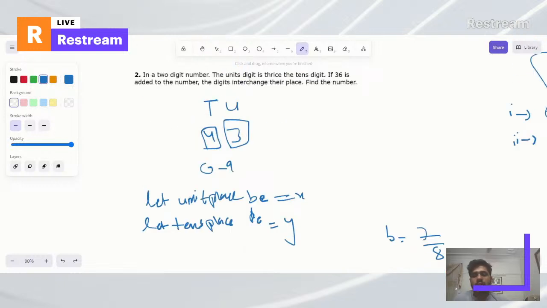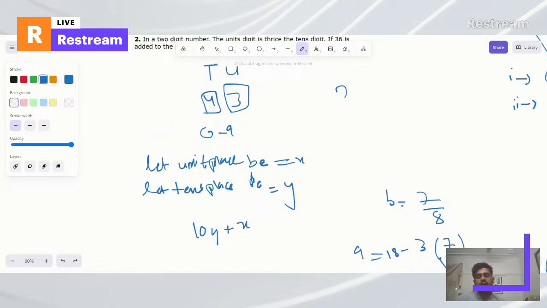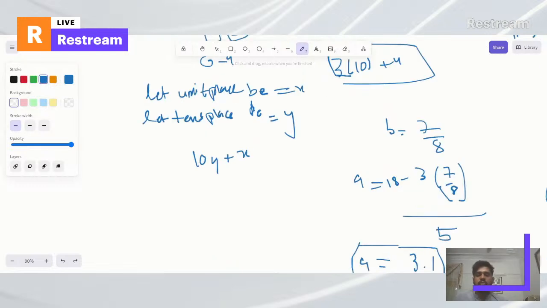So if I have a two-digit number, then it's going to be 10y plus x. If I have 3 and 4 and I have to make 34, I multiply 3 with 10 and add 4 to it. That's how I usually do it. That is why I've written an equation like this.